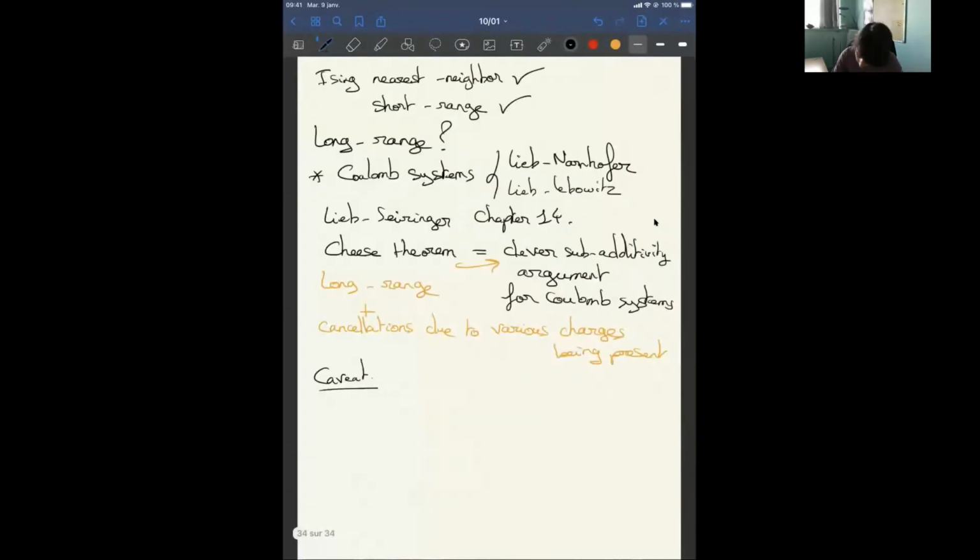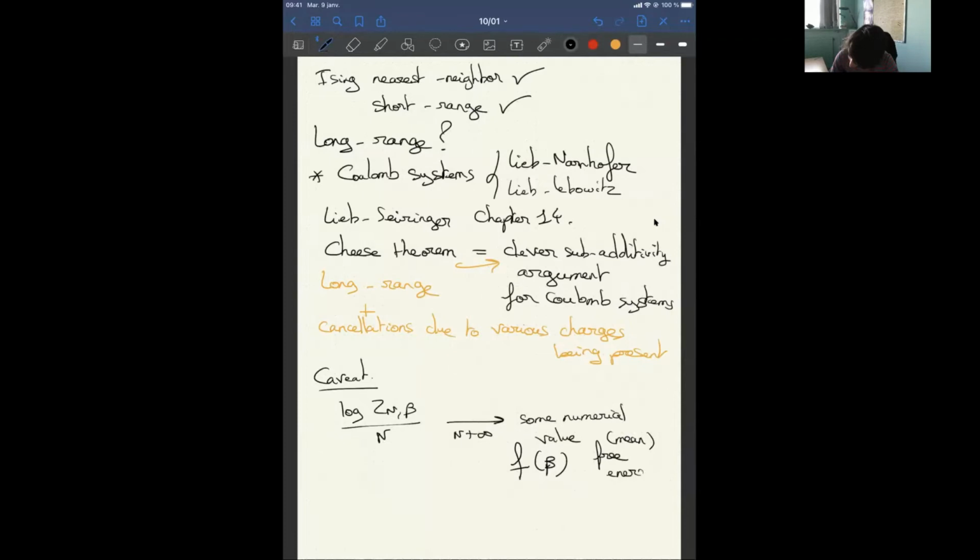Okay, so if it exists, it's some numerical value, which is usually denoted as something like f of beta, because obviously it depends on beta. Okay, and so it's, as I said, the mean free energy. And in the next and last lectures, I will try to tell you that the regularity properties of this are, for physicists, very relevant.